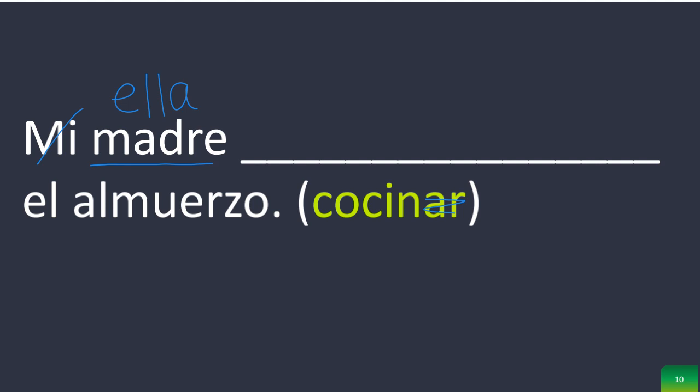And if we remember correctly, whenever we have él, ella, or usted as our subject, then we need to put an A on the end of our verb. And then since we've taken our AR off, we add an A onto the end. So cocina. Mi madre cocina el almuerzo. My mother cooks lunch.